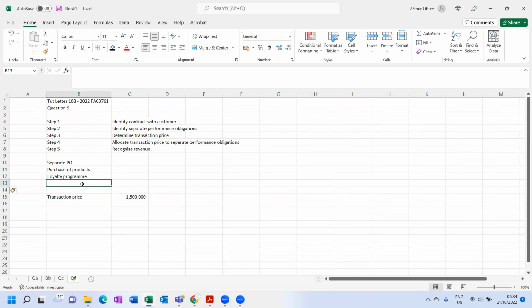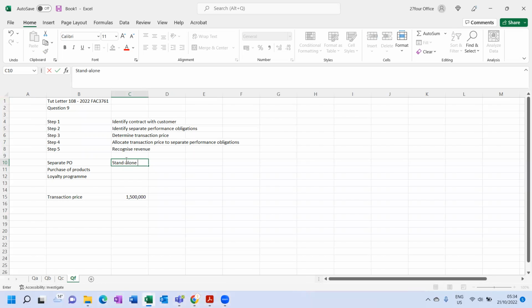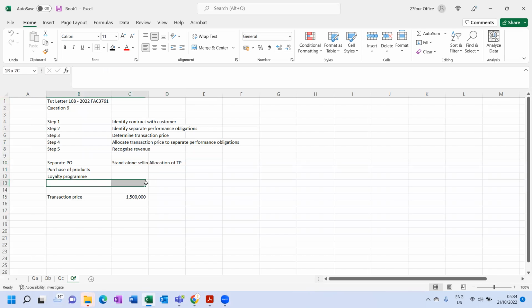So we're going to say standalone selling prices, and then allocation of transaction price.